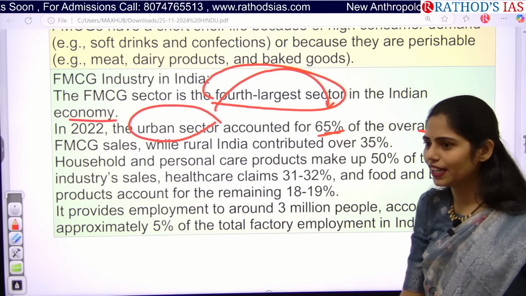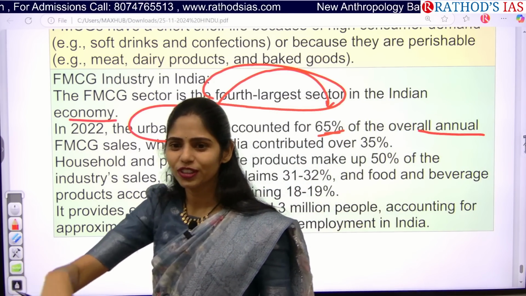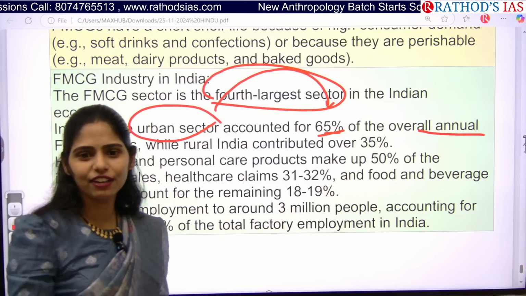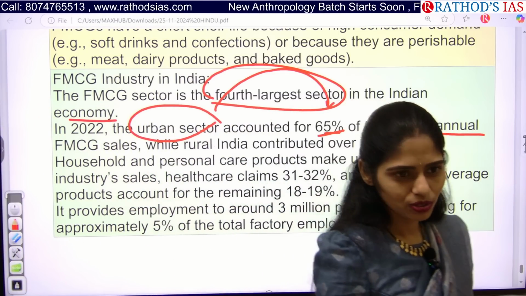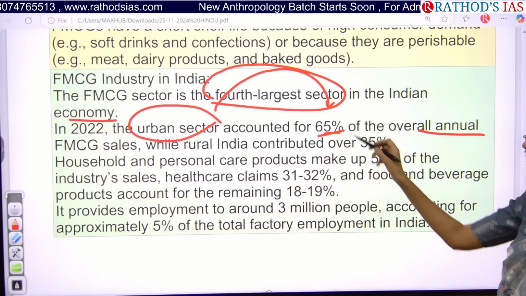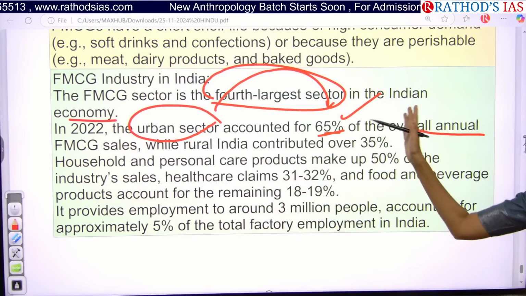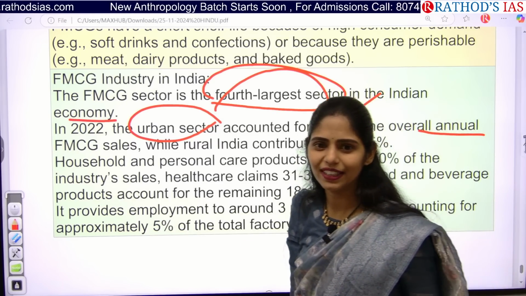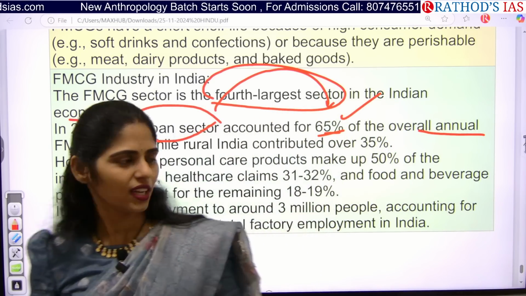Why? Because in rural areas they sit and cook their food, but in urban areas they always look for ready-made food in the market. Yes or no? So most of the sales happen in urban areas, and this is the cause of concern for the companies now. In urban areas the market has decreased. How can they sustain?